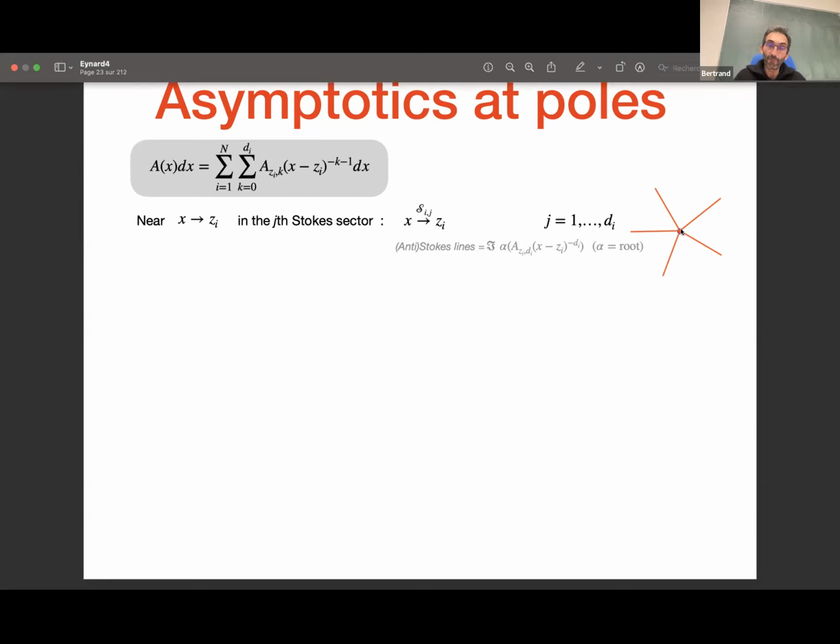So there are several sectors, and to find the sectors, you should look at the largest term. I don't know if you can see my pointer, my mouse, can you see it? Yes, I see. Okay. So A is a matrix, so it has eigenvalues.